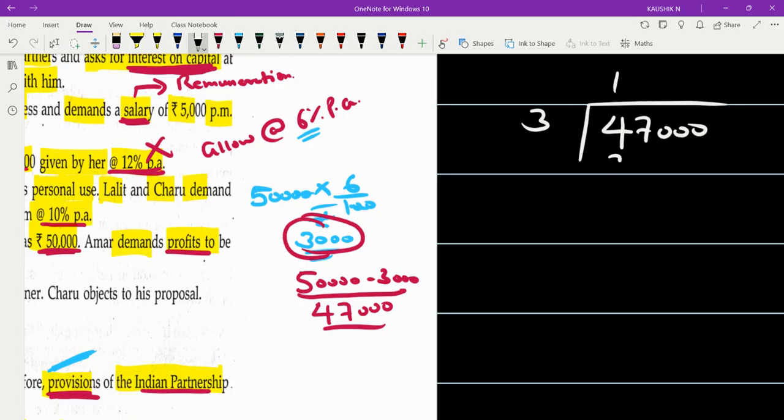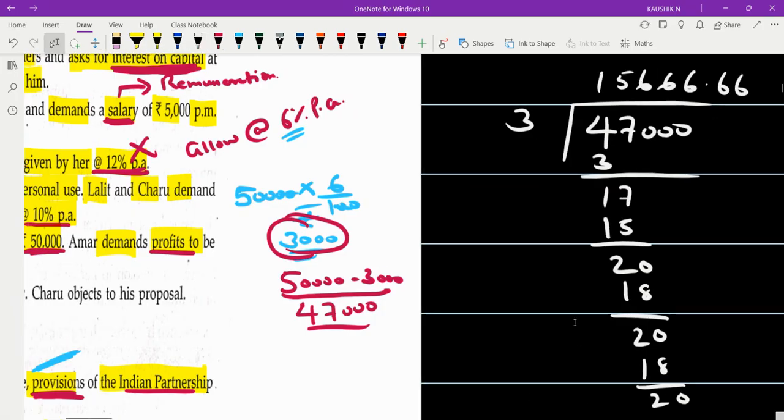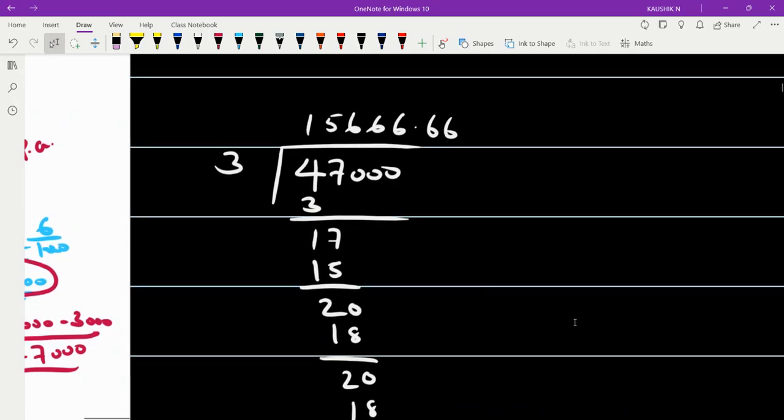So 1 time 3, 1, 7, 5 times 15, 2, 0, 6 times 18, 2, 0, 6 times 18, 2, 0, 6.66 would have gone. It becomes 15,666.66. So what do we do? In this case, when you don't have an exact figure, it means the value is not exactly divisible by the divisor and you are getting decimals.